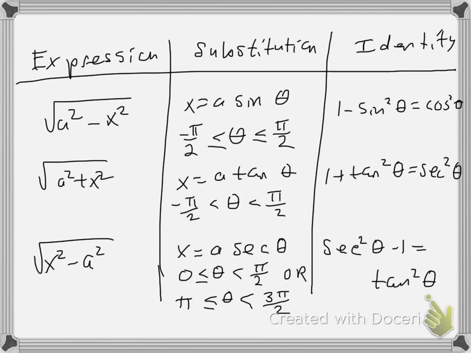Okay, so let's take a look at an example. So let's suppose we want to find the integral of the square root of 9 minus x squared over x squared dx.